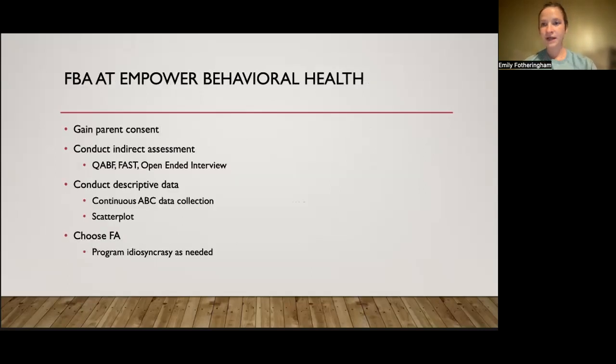At Empower Behavioral Health, where I work, we conduct functional behavior assessments for each behavior for each client. The first thing we do is gain parent consent. This is done before any indirect assessments happen. One, to determine the parents are on board.